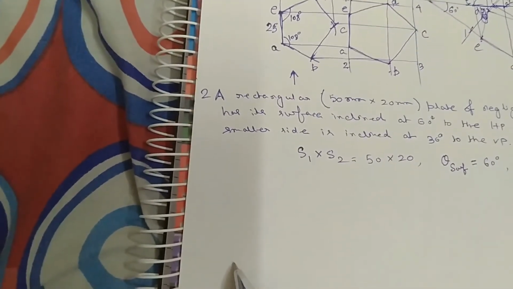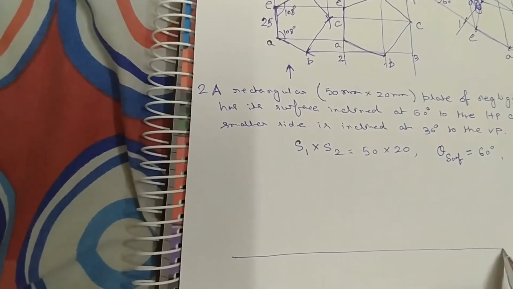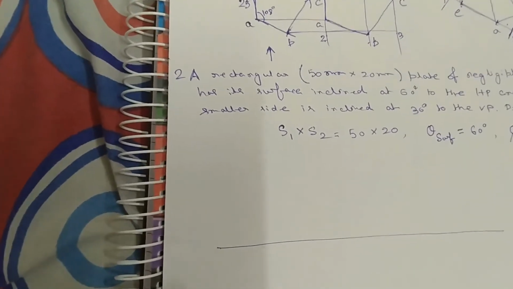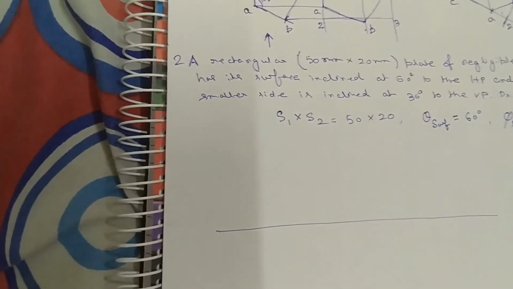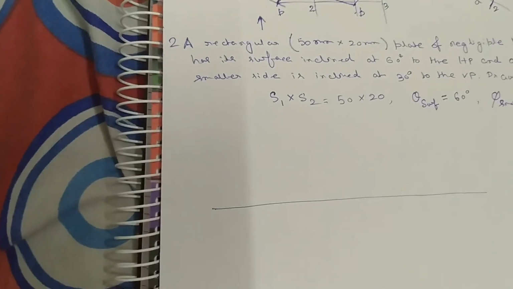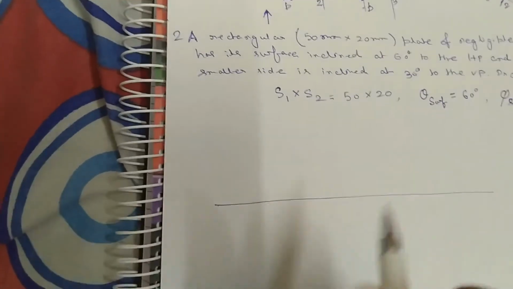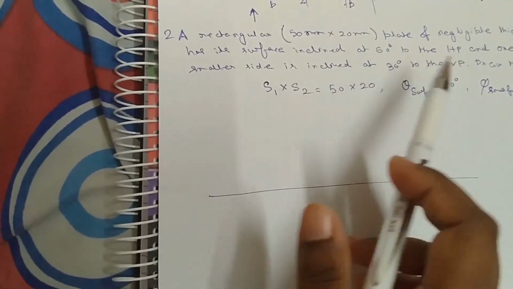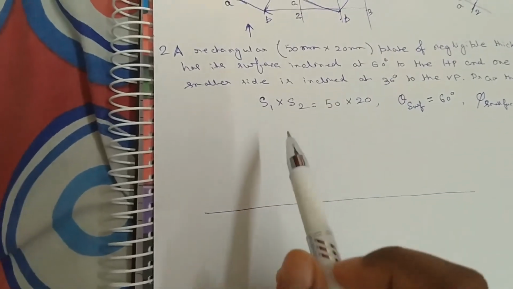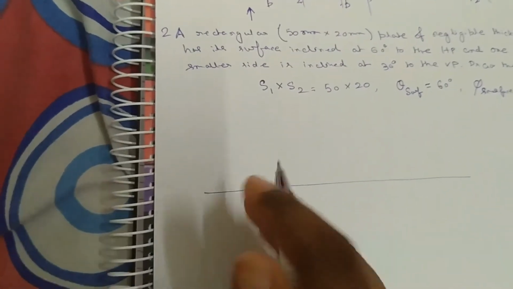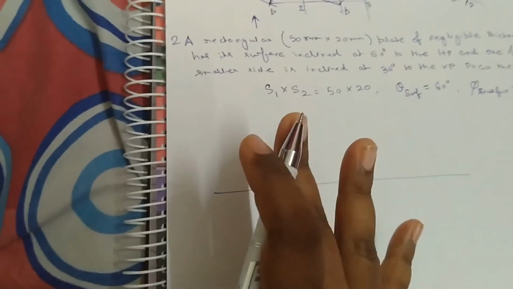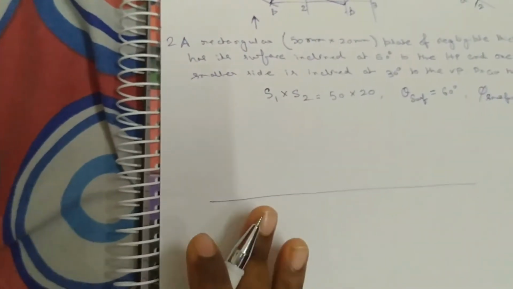So again we have to consider three assumptions. First one is the initial assumption. Since it is making an angle to HP, we first consider the surface is rested on the HP plane only.